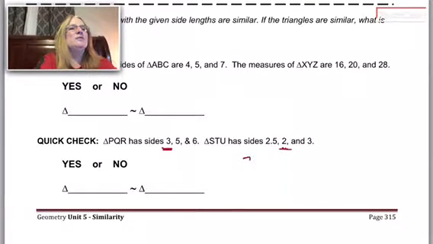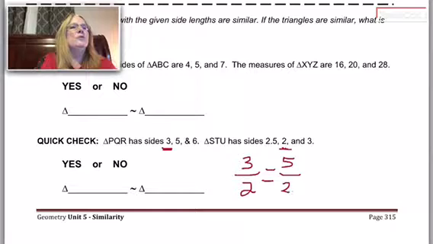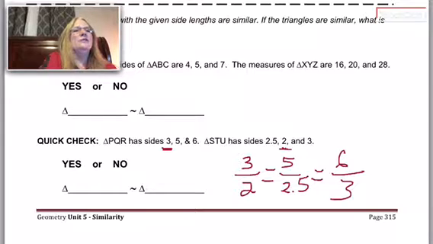So we want to make sure that we line up the 3 with the 2. The 5 then would go with the 2.5, and the 6 would go with the 3. So 3, 2, 5, 2.5, 6, and 3.